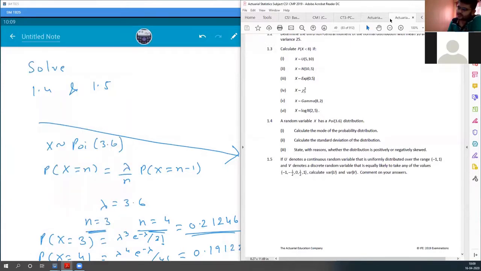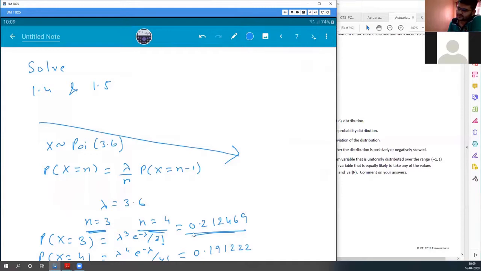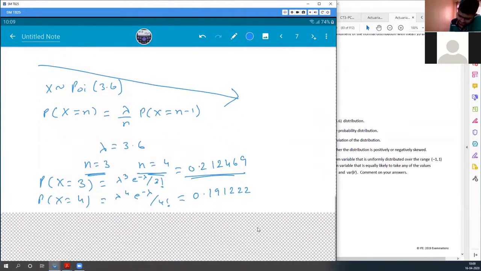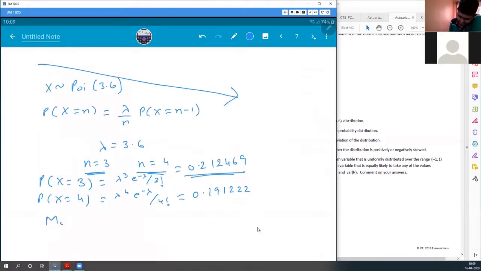So clearly probability x is equals to 3 is highest. So therefore we are going to say that our mode is 3.